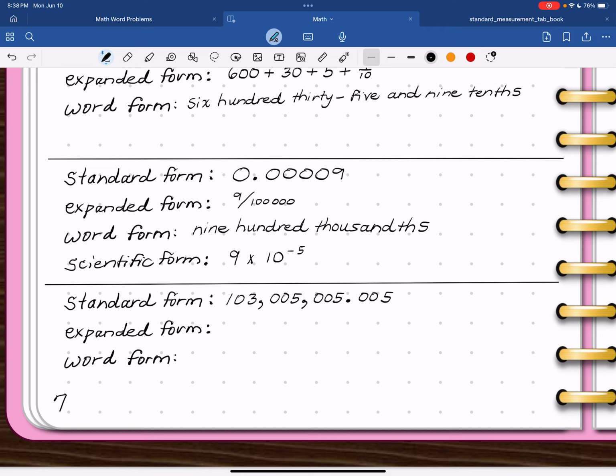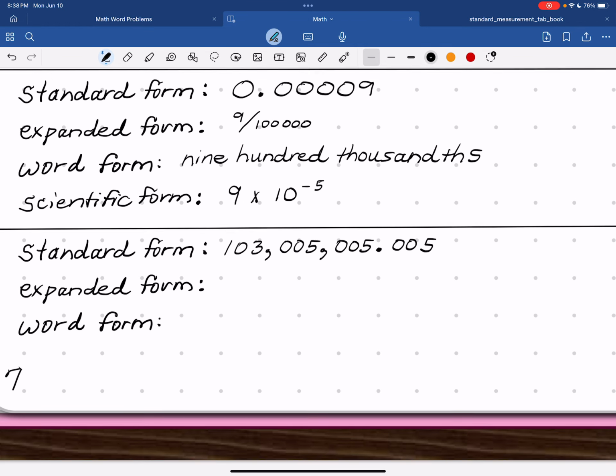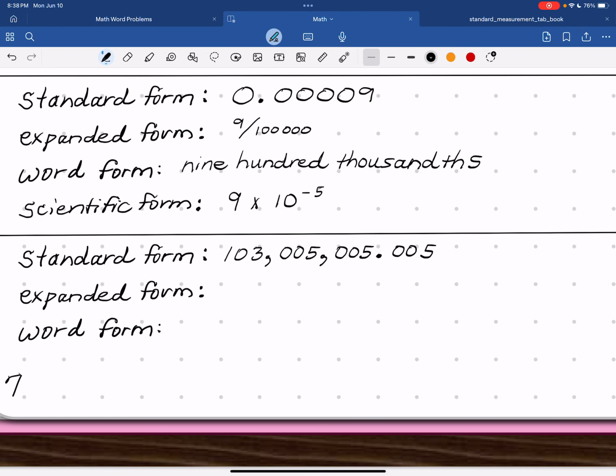Gracious. All right. The 1 is in the 100 million seat. So 100 million. And then I have a 3 in the million seat.